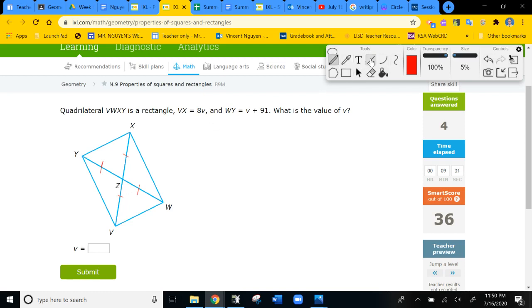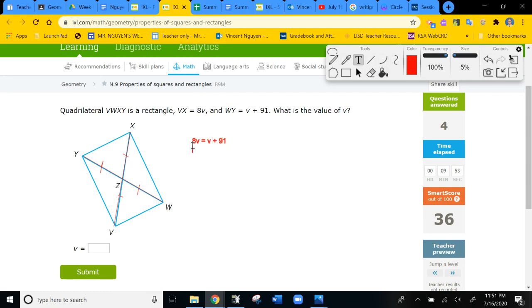They're giving me the entire diagonal, and I know one of the properties of diagonals in a rectangle is that they're congruent to each other. Vx and Yw are congruent. So I can set up that equation: 8V equals V plus 91.